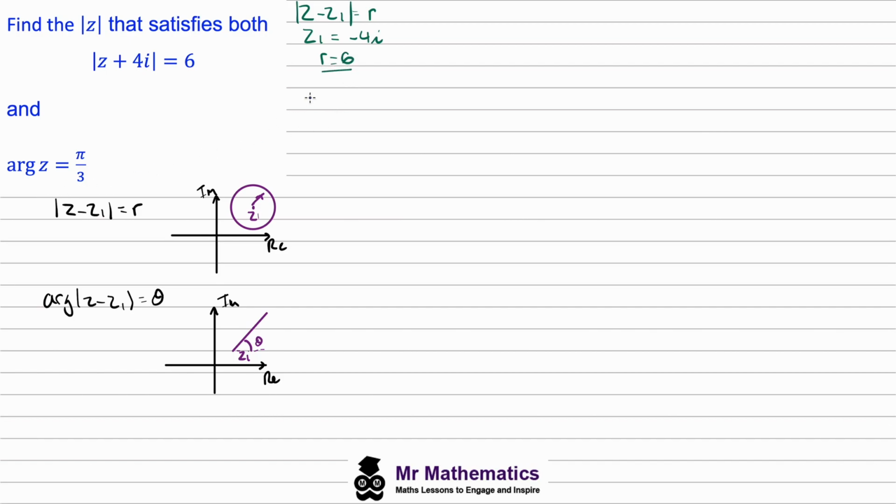In the second condition, the argument of z minus z1 must equal theta, so in this case z1 must equal 0, as there's no second term here, and the angle theta would be equal to pi over 3. So now we need to combine these two conditions on an Argand diagram.